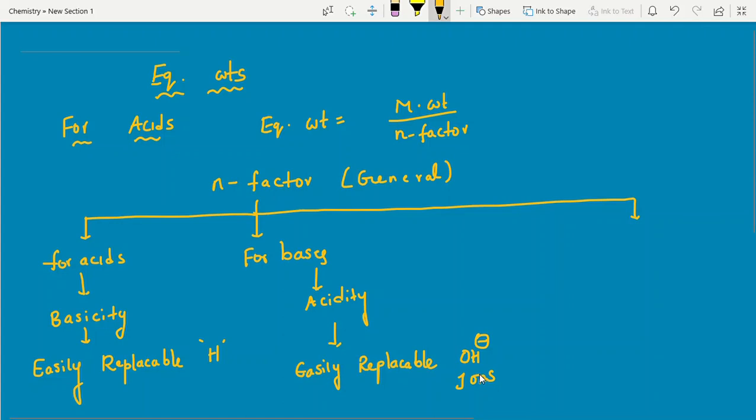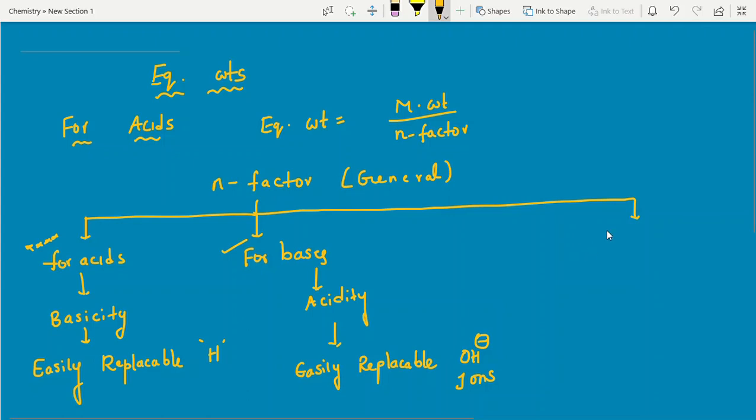Students, for bases there is no exceptional cases. Straight away we can take. But acids, we have exceptional cases. We have to concentrate more. Okay, so as it is theoretical information, it may or may not match with easily replaceable hydrogens. That's why based on structure we can decide.